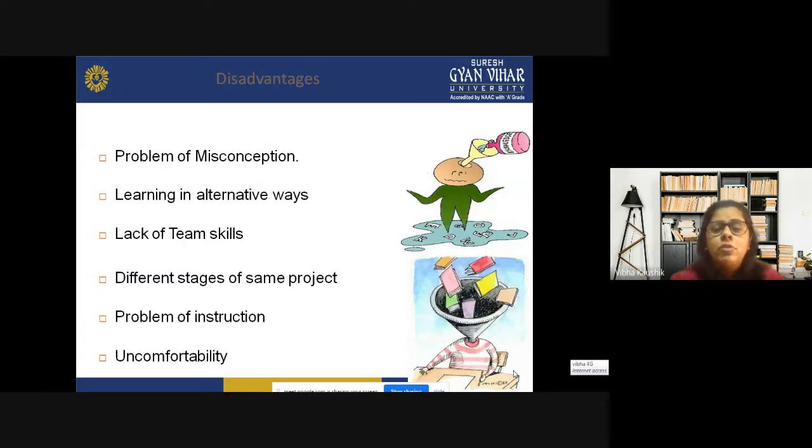Different stages of the same project: the same project is given and there are different stages of the same project. Problem of instructions: sometimes it is difficult for the learner to understand the instructions imparted by the teacher. Discomfort: sometimes the teachers or the students are not comfortable with this learning approach, situation or technique.